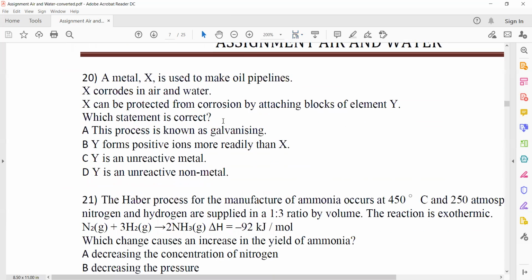Metal X is used to make oil pipelines. X corrodes in air and water. X can be protected from corrosion by attaching a block of element Y. Which statement is correct?